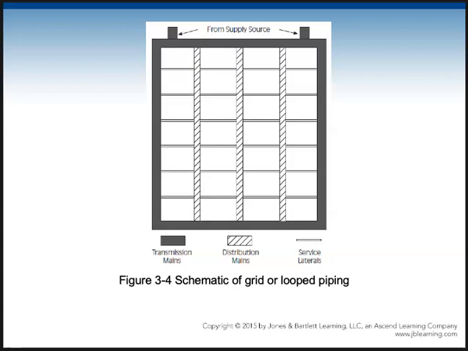So if on one of these little streets they had a pipe break, and this has happened a couple of times on my street, well, we lose our plumbing for a little bit while they're fixing that. But not all the houses down the street, because they can isolate it by closing a valve on one side and closing a valve on the other side, and the rest of the loop system makes sure that everybody, other than that little section where they closed the valves, still has water. So it's called looped piping.